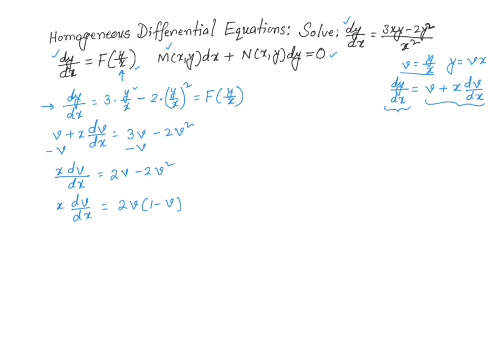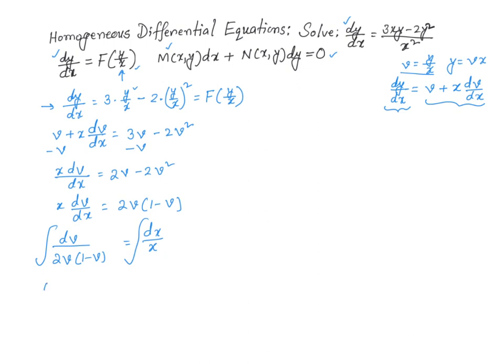And we could rewrite it as dv over 2v times (1 minus v) is equal to dx over x. Now I can integrate both sides with respect to the corresponding variables. On the left hand side I'm going to integrate with respect to v, and on the right hand side with respect to x.